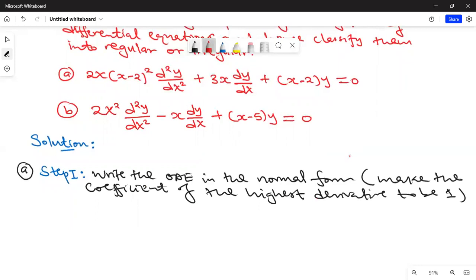So in part A, we need to divide through by 2x times (x minus 2) squared.